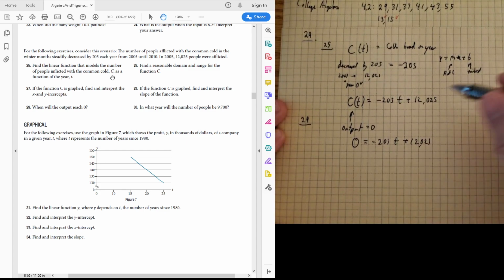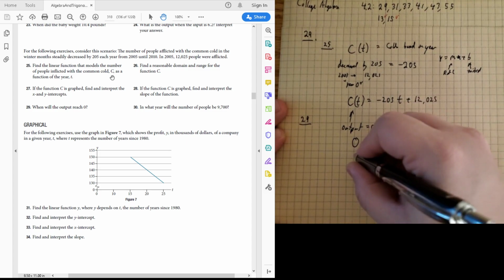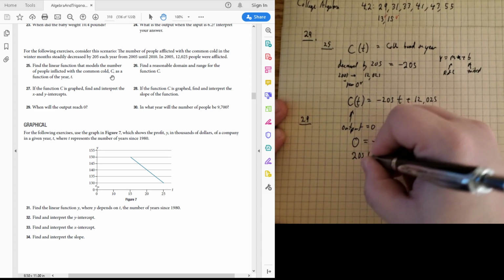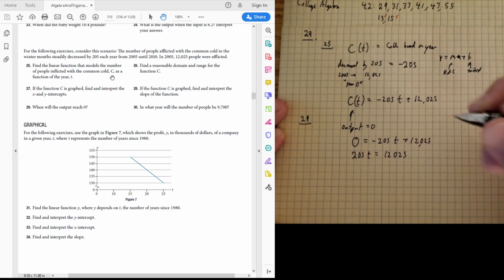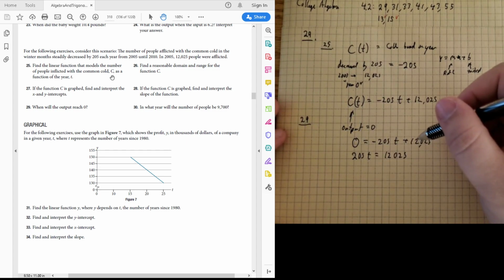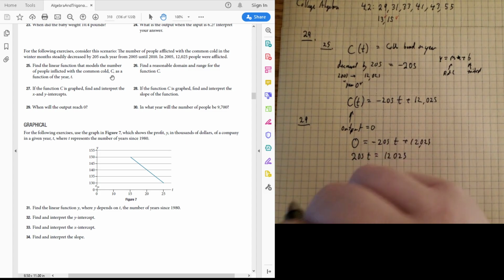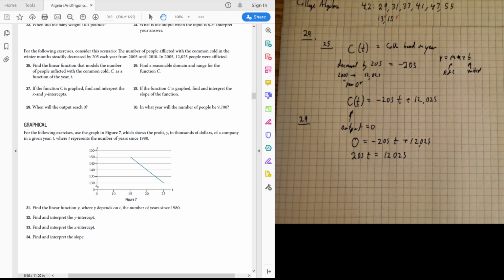And we could actually solve it, which I'm going to do. I'm going to move the negative 205t over to become positive 205t, and then divide by 205. I cannot divide by 205 in my head, so I'm going to use a calculator. Take 12,025 divided by 205.